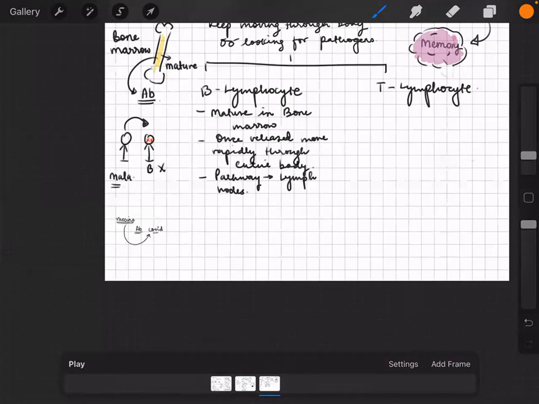All of that extra fluid in your body gets reabsorbed by these lymph nodes and gets added back to your circulatory system. So in your body, you are going to have multiple lymph nodes present everywhere.